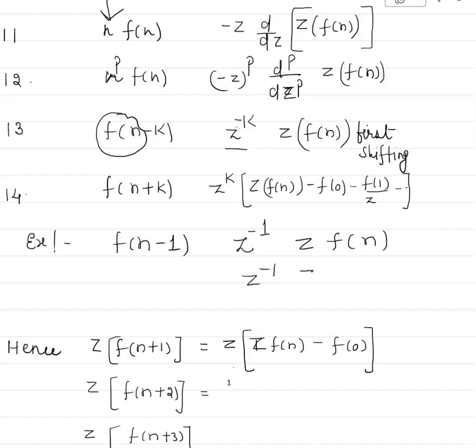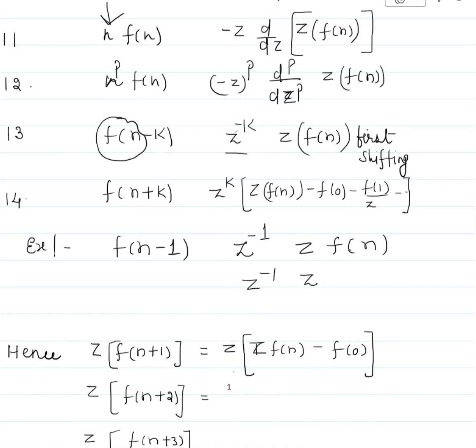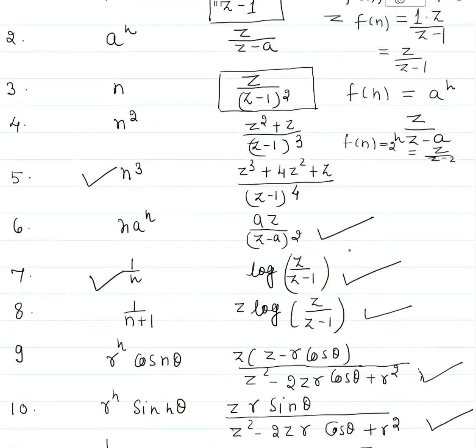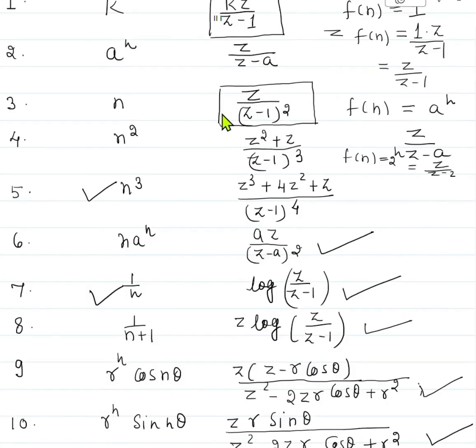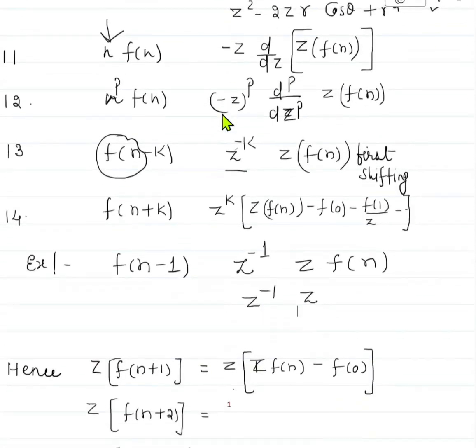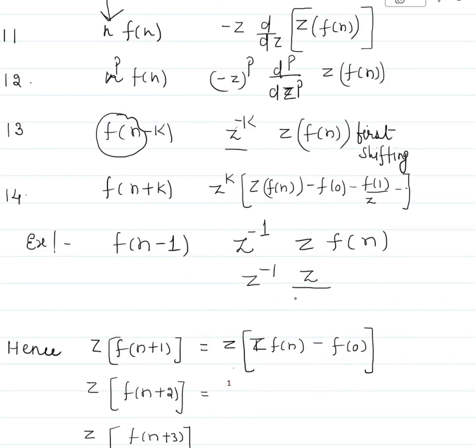From the list, the z transform of n is z upon (z minus 1) squared. So you put the value z upon (z minus 1) squared, and in this way the z transform of f of n minus 1 is, this z is cancelling, 1 upon (z minus 1) squared. This is the z transform of f of n minus 1. So in this way, by using the shifting theorem, we can find the z transform of this type of function.